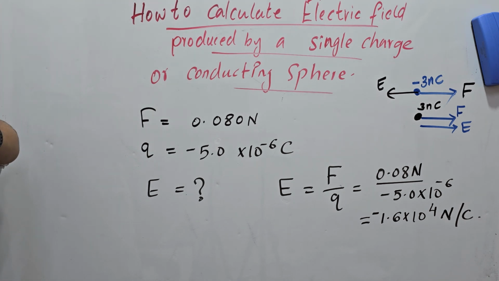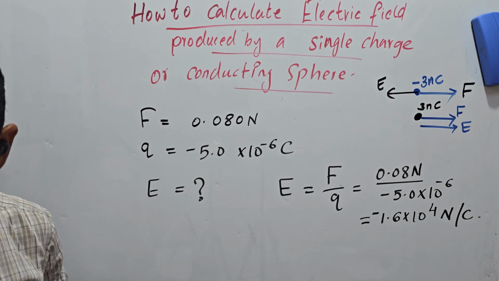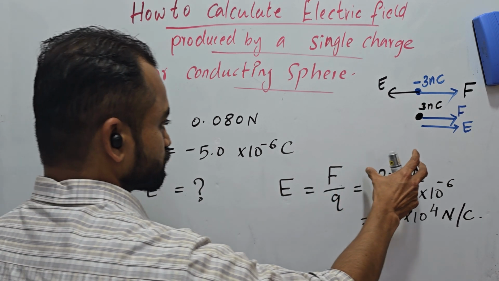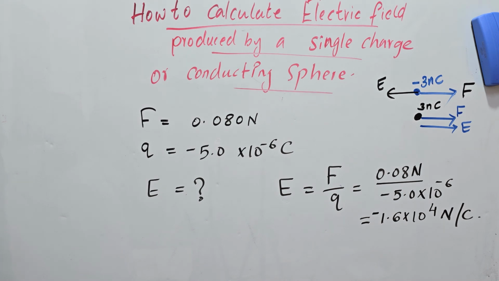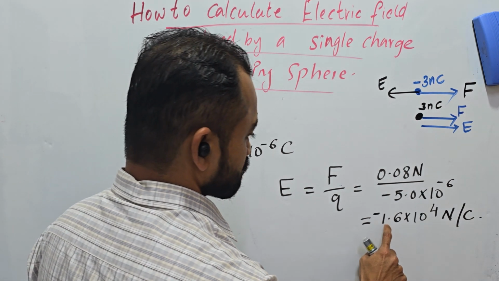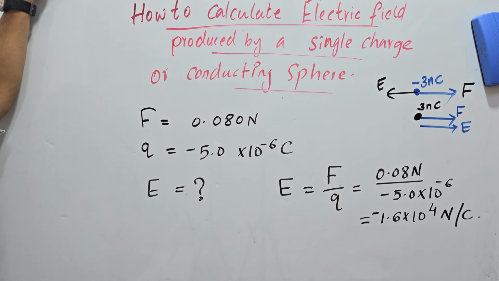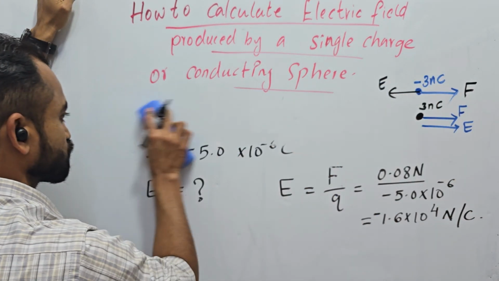Force is positive means it is a repulsive force, correct? And the electric field is negative, which means the direction of the electric field is towards the source charge.